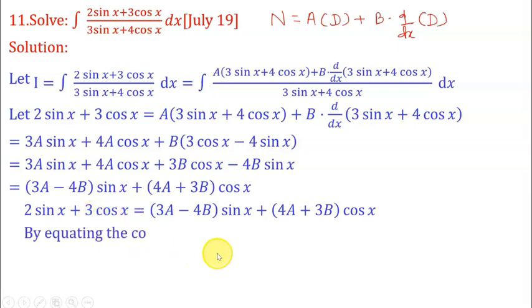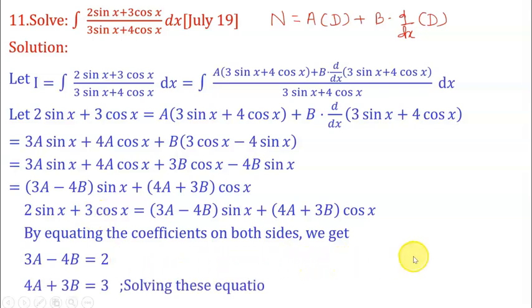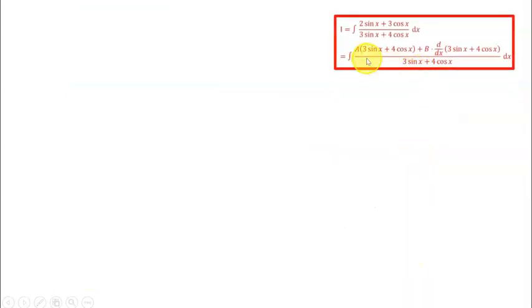Therefore, equating the coefficients of both sides, you get these two equations: 3a minus 4b is equal to 2 and 4a plus 3b is equal to 3. Solving these two equations, you will get the values of a and b.